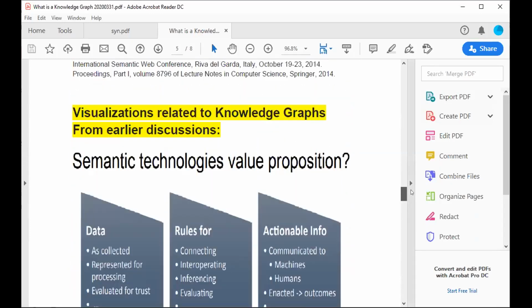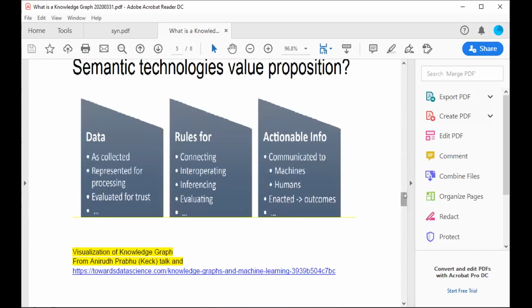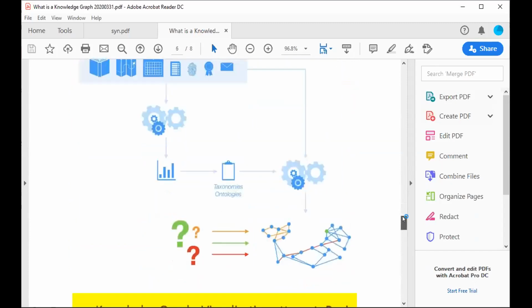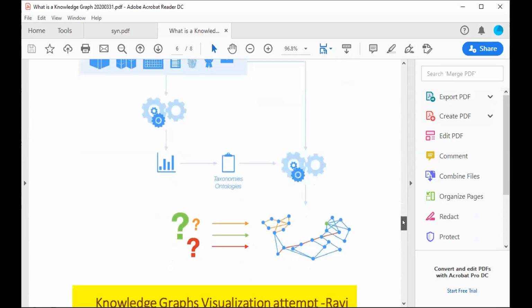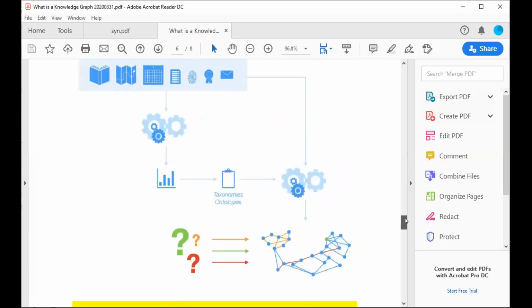This one is from Janet. The one below that is from Aniruddha Prabhu, as well as another URL. And then this to me is the best representation. Of course I have a yellow background, but the one just above that requires one minute of your attention.